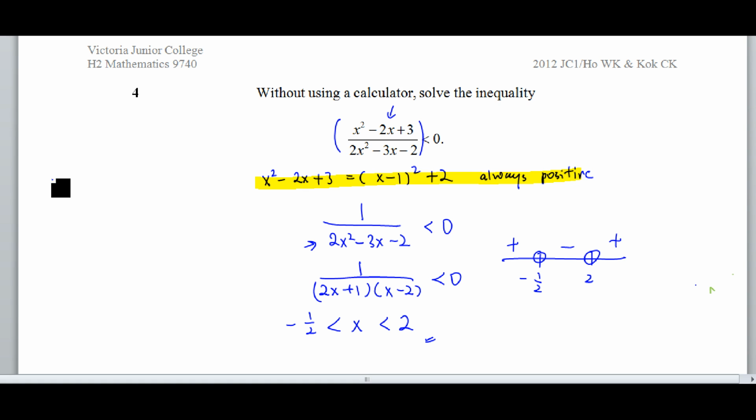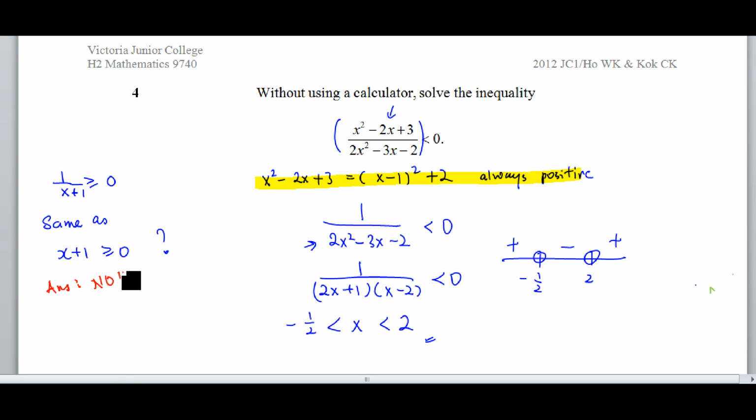Can you all think? What the student was trying to say is, if 1 over (x plus 1) squared is greater than or equals to 0, is it the same as x plus 1 greater or equals to 0? Answer is no. Why?